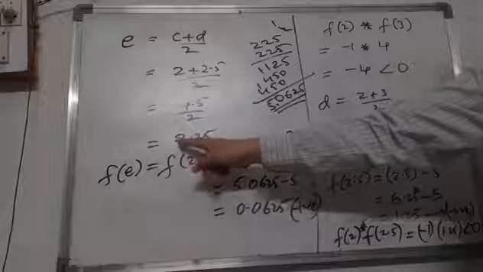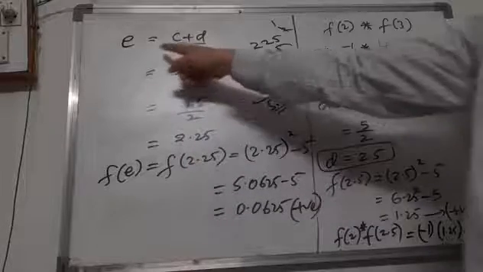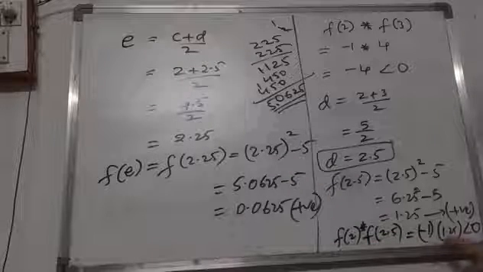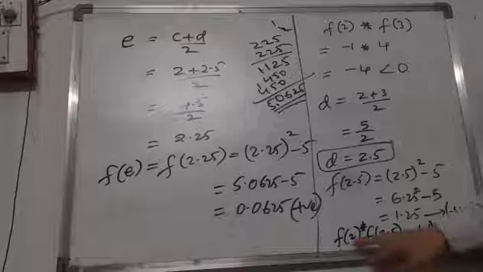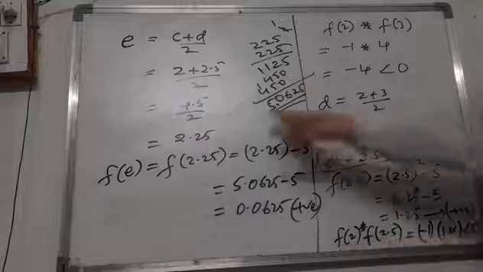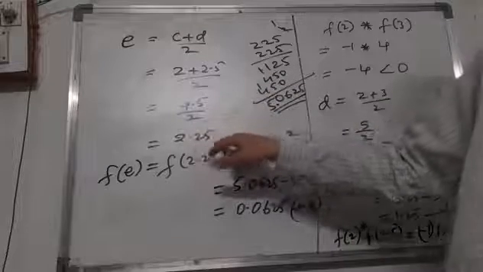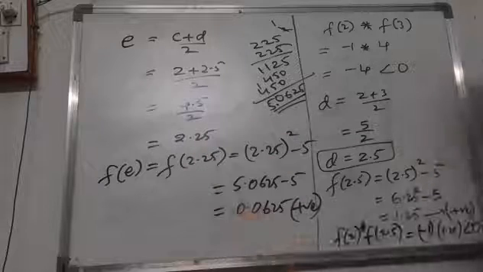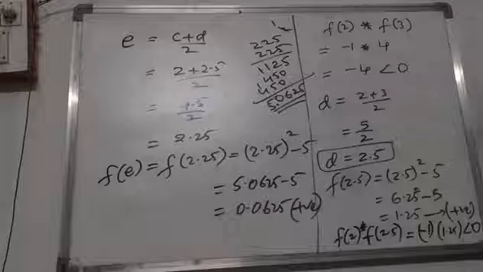That is, I got that E is equal to C plus D by 2 because these two are positive and negative roots, so I have taken 2 plus 2.5 by 2, that is 4.5 by 2, 2.25 I got. So 2.25 is a positive value.